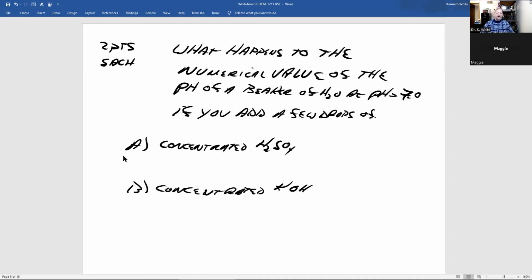All right, let's look at the following, 2 points each. What happens to the numerical value of the pH of a beaker of water at 7.0 if you add a few drops of concentrated H2SO4? Well, first of all, you have to know this is an acid.